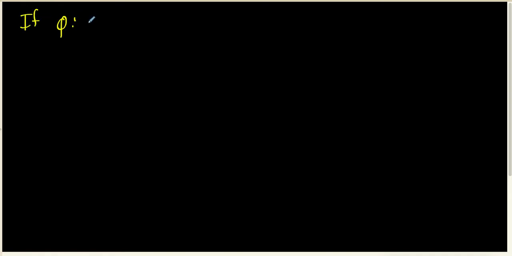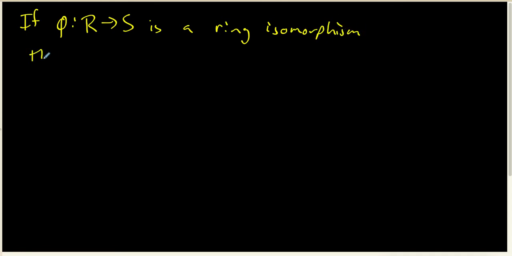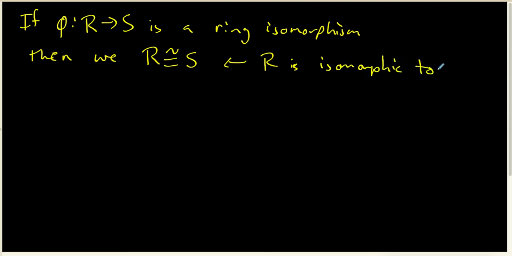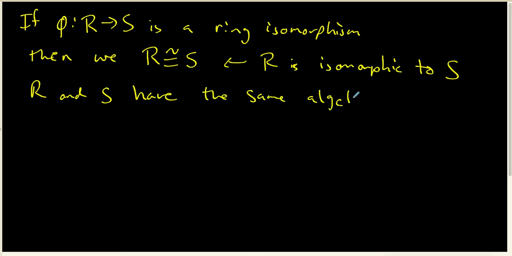If we have phi being a ring isomorphism from R to S, then notationally we write R is isomorphic to S. That's R is isomorphic to S. And what this means is that R and S have the same algebraic structure.